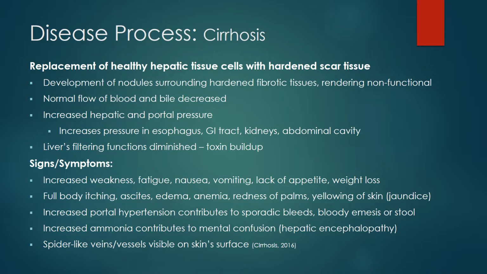But that is one of the signs that something liver-related, possibly severe cirrhosis, has occurred when patients are very confused. Also, on the surface of the skin, spider-like veins and vessels will begin to be seen as well.